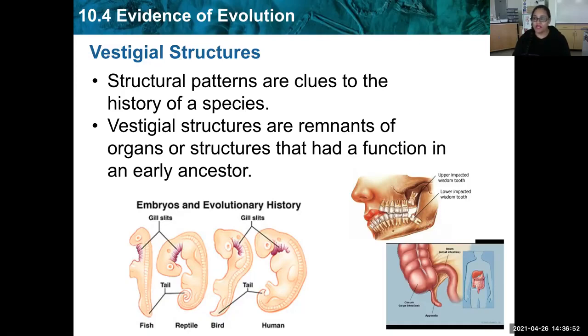Scientists think it used to be a second stomach when we only used to eat once a month. We eat multiple times a day now. We don't need a second stomach. So the appendix has shrunk and shrunk and shrunk. It has absolutely no function inside of us. And all it does, if it gets infected, is make us sick. So those are vestigial structures.